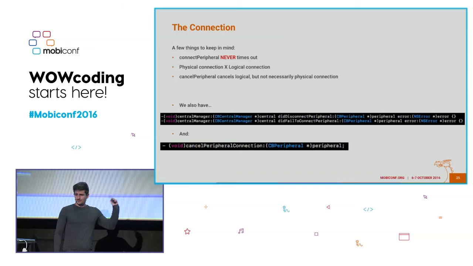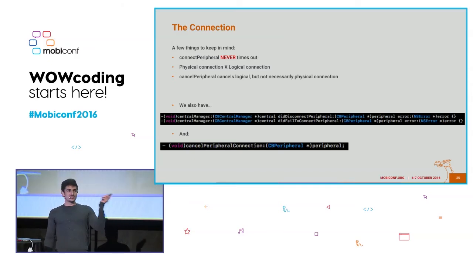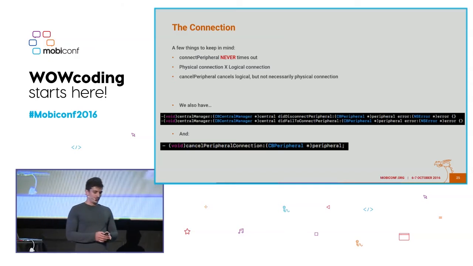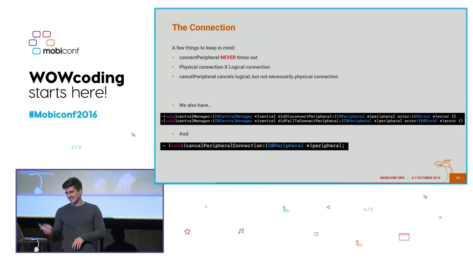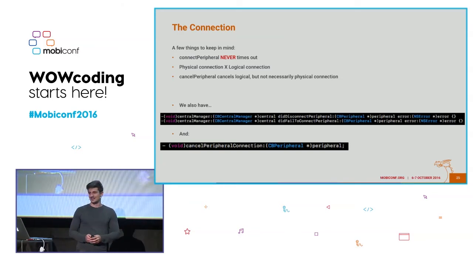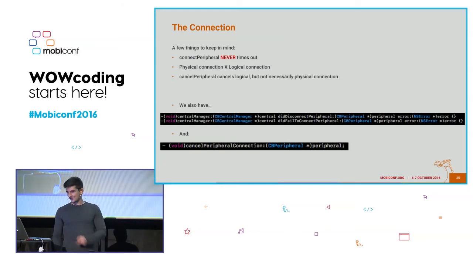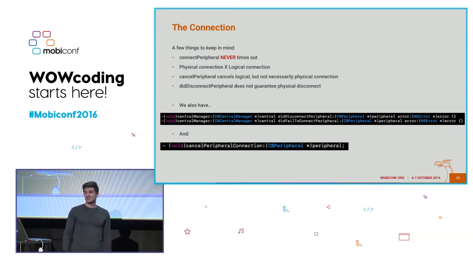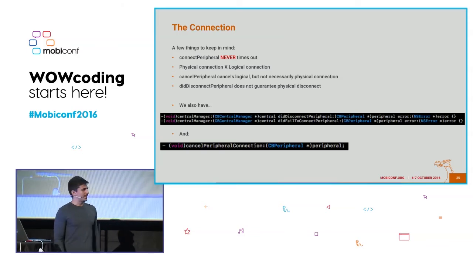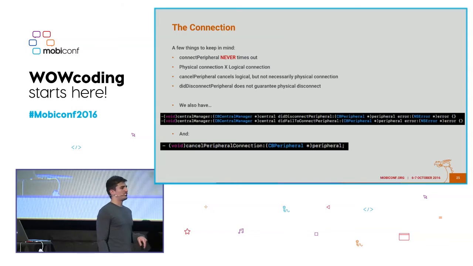It will be a leap, so I'll show you that too. Cancel peripheral connection only cancels the logical connection. So again, I'm going to explain this in a few minutes with the disconnect button. So I'll leave this for now. It doesn't guarantee the physical disconnect, like I said. There's also one thing. When you do call cancel peripheral connection, it will give you didDisconnect.